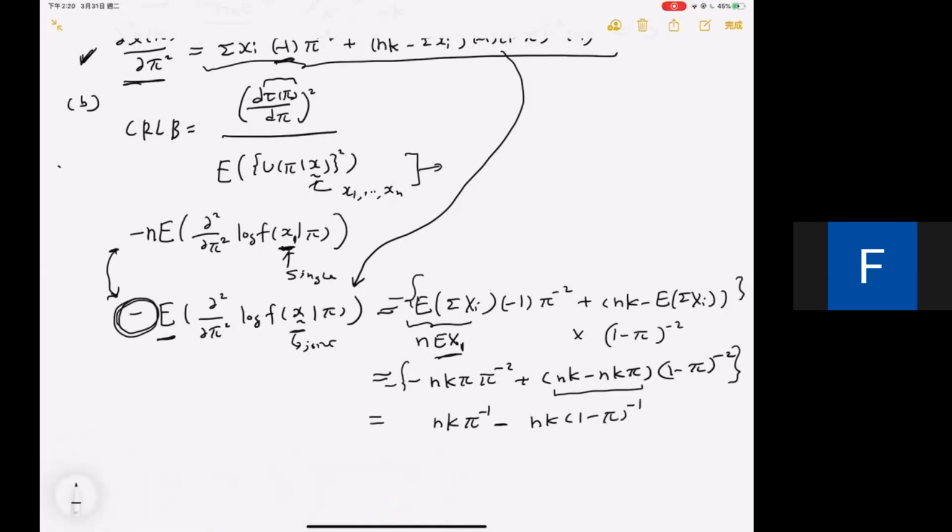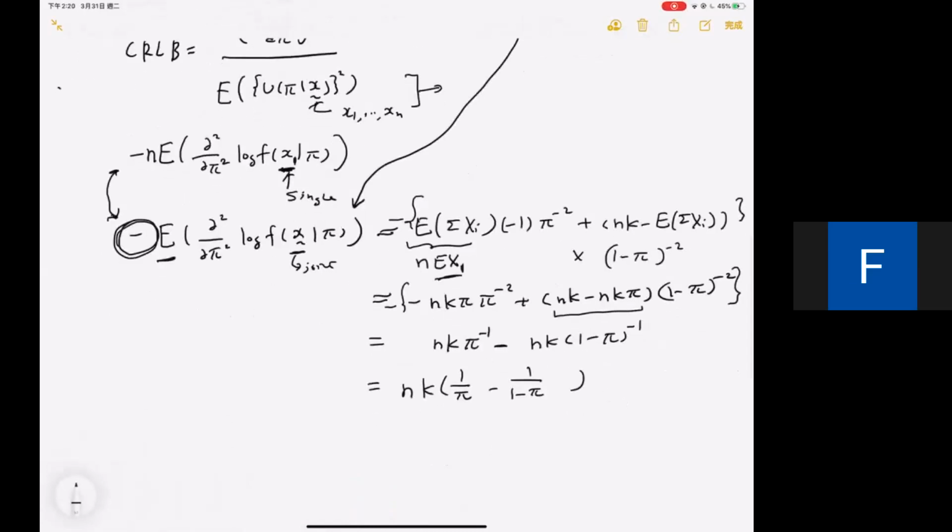Okay, so if even simpler, this guy is much more beautiful right here. And the first one is 1 over pi. You taking out nk. The second one it's 1 over 1 minus pi. And then you do have it's what? Nk. If you can actually combine two guys together.